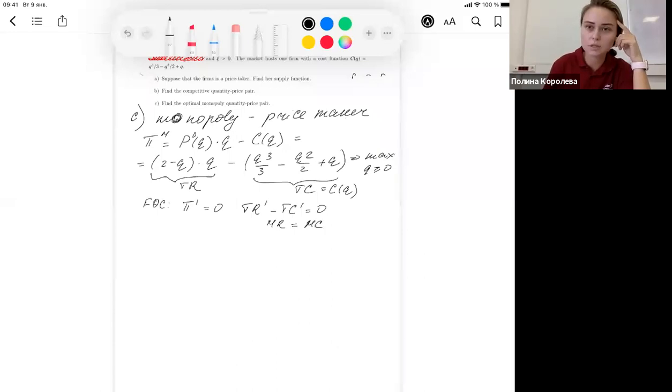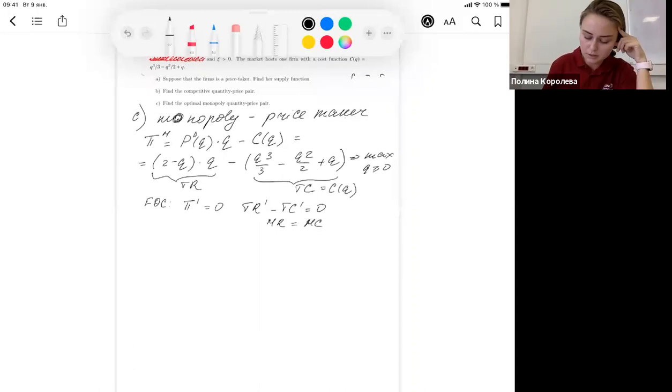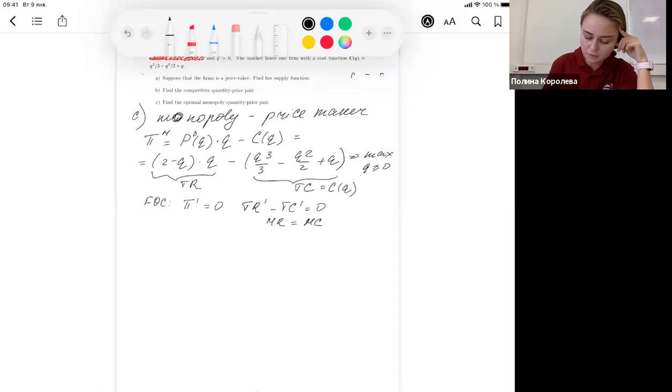So this is the first order condition for the monopolist. Okay, let's take derivatives. It will be 2 minus 2Q, marginal revenue, equals marginal cost. Marginal cost we calculated, it's Q square minus Q plus 1.